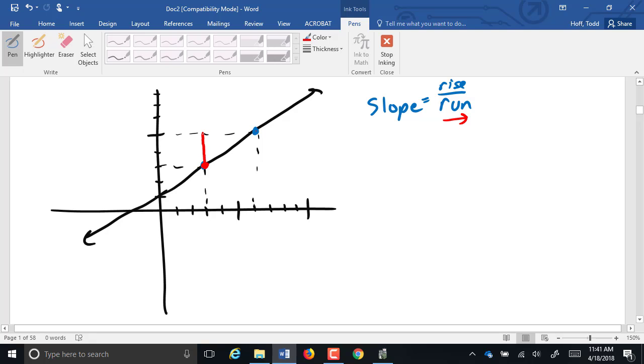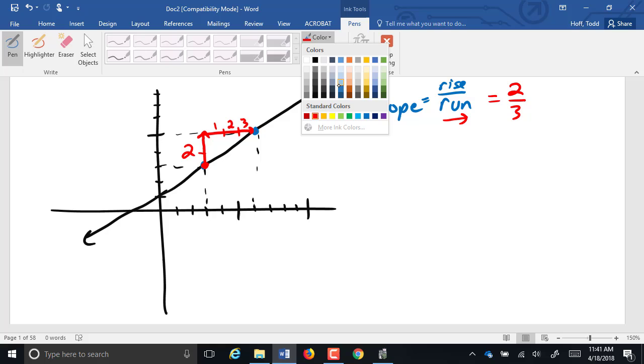We have to go up, and we see that we go up 1, 2 spaces. And then we have to run over left to right 1, 2, 3 spaces. It's the spaces we count, not the lines. So that has a rise of 2 and a run of 3. So that is a slope of 2/3.